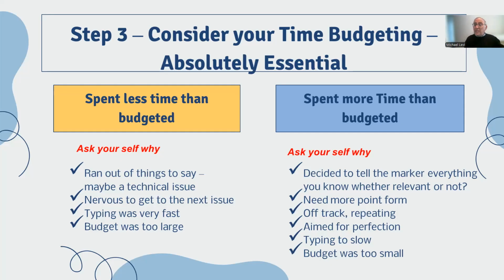Perhaps I didn't realize that there was a major quant here that takes quite a bit of time. Perhaps I didn't realize there were so many case facts that I needed to consider. And again, by thinking about these things, hopefully you can improve your ability to budget and in future cases, come up with a better budget.